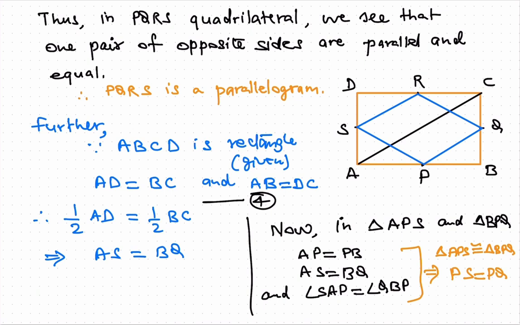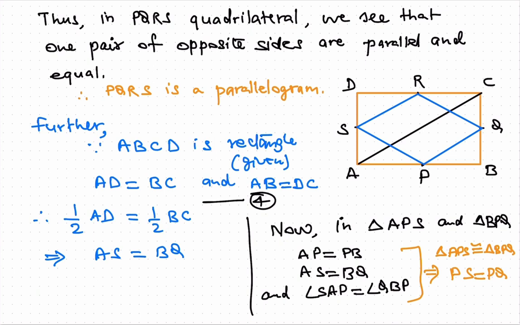Now we will prove that triangle PBQ and PAS are congruent. Now in triangle APS and BPQ, AP is equal to PB because P is the midpoint. Therefore AP is equal to PB. Now AS is equal to BQ. We proved this. And also this angle is 90 degrees because ABCD is a rectangle.